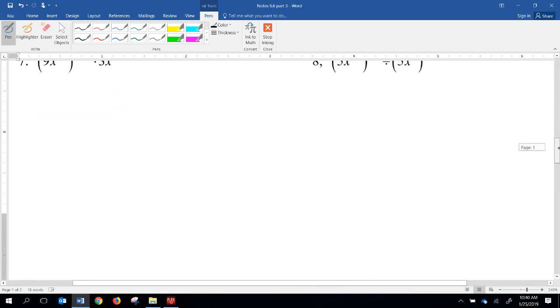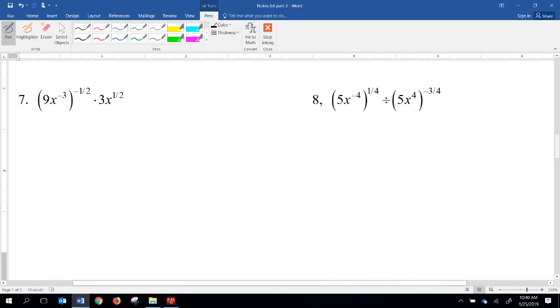All right, let's come down here to the 2 tough ones. Okay, number 7. Similar concepts. Number 7 has parentheses around both. Number 8 has parentheses around both. Number 7 just has parentheses around 1. Okay? Here's what people forget to do. They forget that this is 9 to the negative 1/2. They always forget to do the 9. They do the x, but they forget the 9.